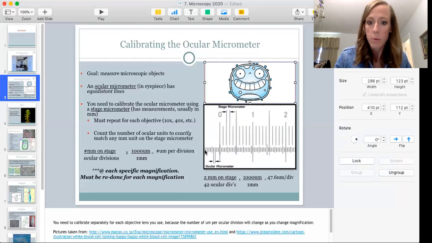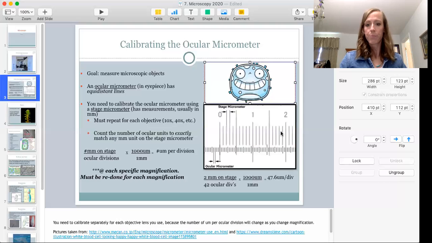It doesn't really matter where. So remember, this is what we're viewing through the eyepiece. This is what we're viewing through the stage, and you have to line them up directly, so that you can count the number of lines on your ocular micrometer that equal a particular measurement on the stage micrometer.